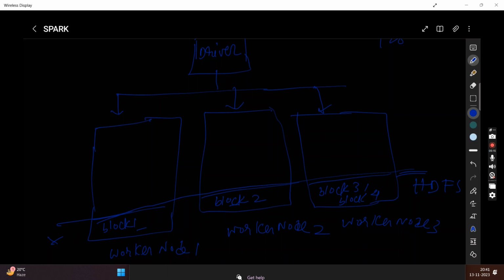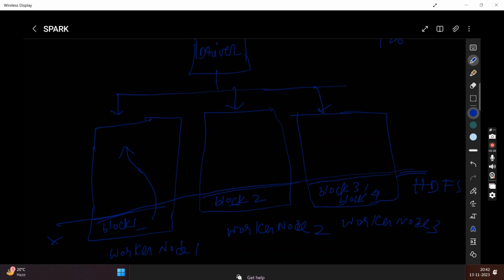Now what will happen in Spark? In Spark, blocks are loaded into memory as partitions. What I am trying to say is, this block will load into our RAM as partition 1.